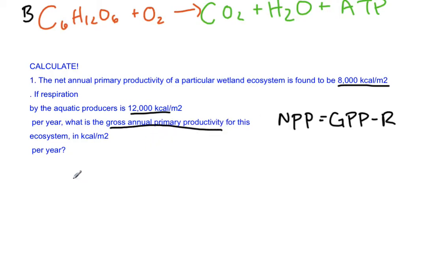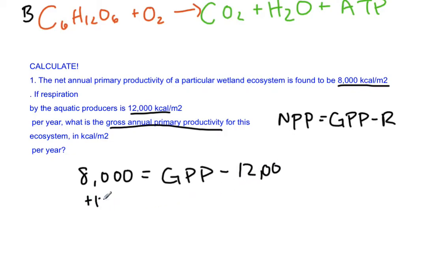So if it gives you net primary productivity, I'm going to look at my equation, so that's 8,000 is going to equal GPP minus respiration, and it said that it was 12,000. So I'm going to go ahead and add 12,000 to both sides. And that's going to give me GPP of 20,000.